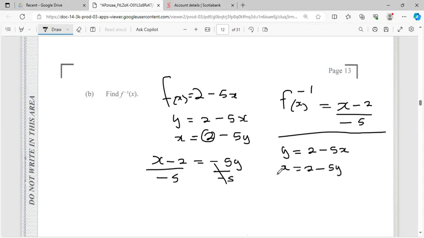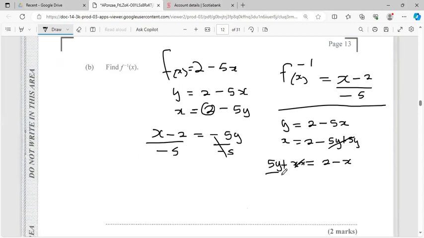After that, I carry y on this side by adding positive 5y, right? So 5y over here plus x equal to 2. So now I would subtract x from this side. So minus x. Anything I do to one side. And the final step now is to divide by 5. That way I don't have the negative hanging out.